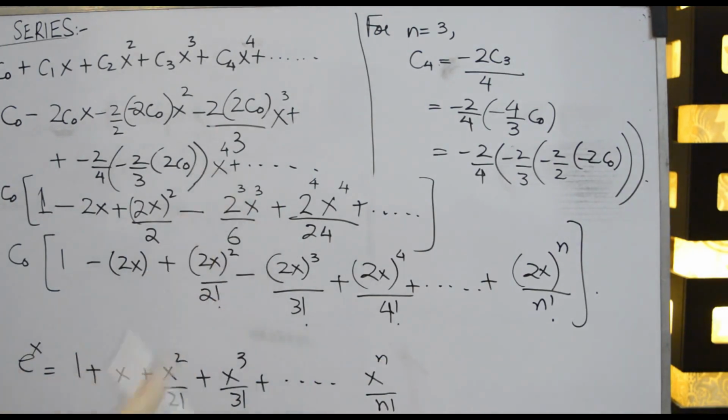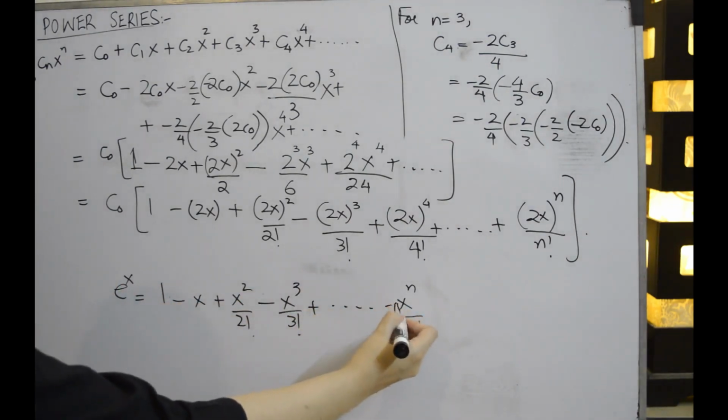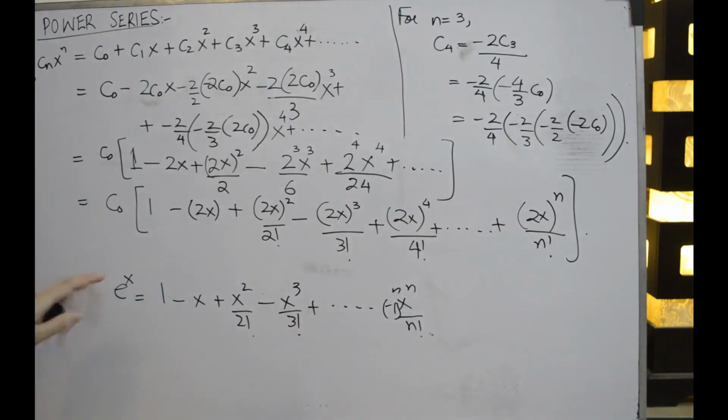If you compare this series with this, and replace with an alternating minus sign, with the odd terms it is minus 1 to the power n. So it will be the series of e to the power minus x.